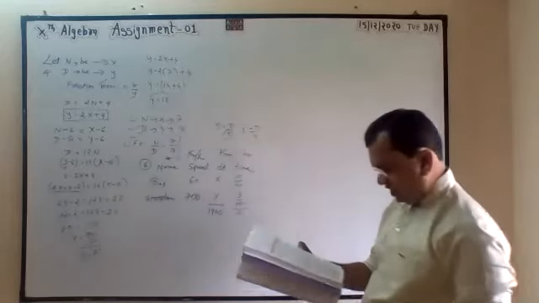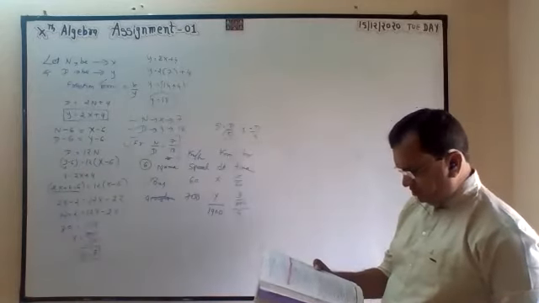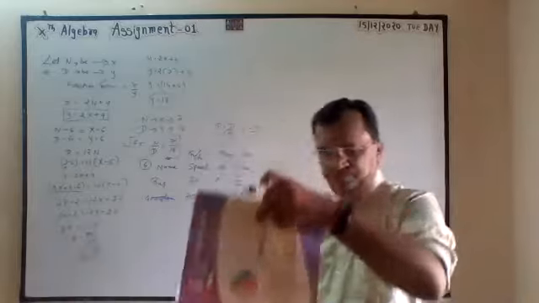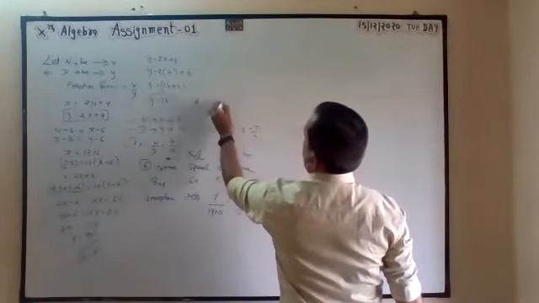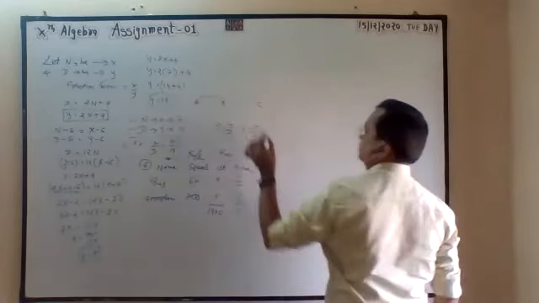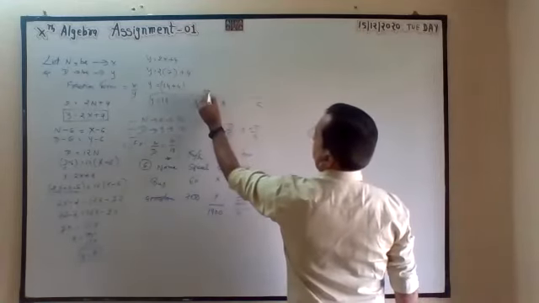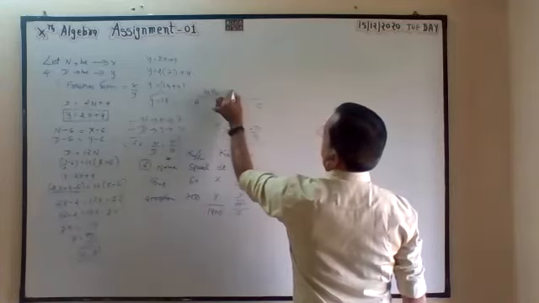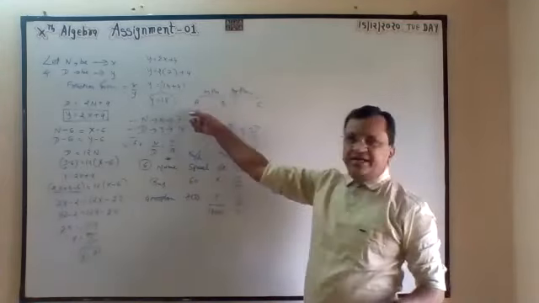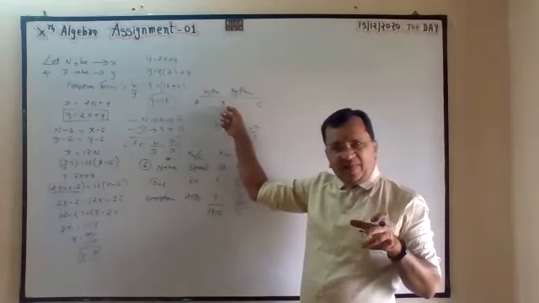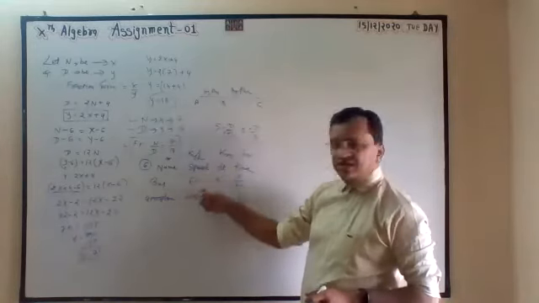So distance traveled from A to B by bus with the speed of 60.